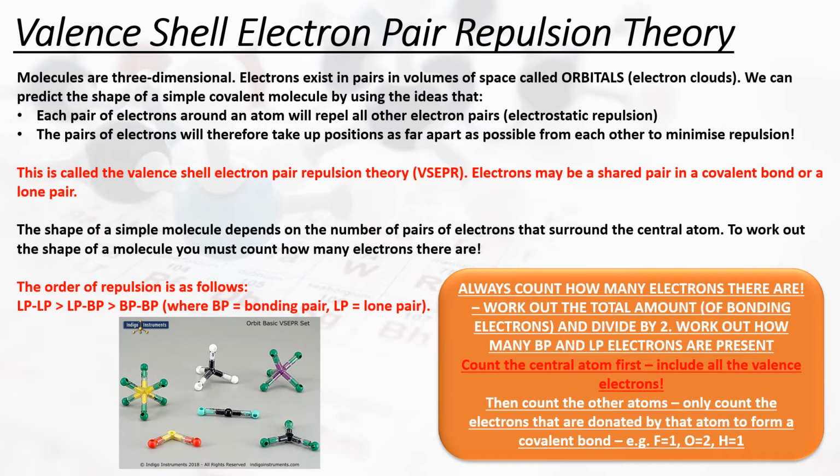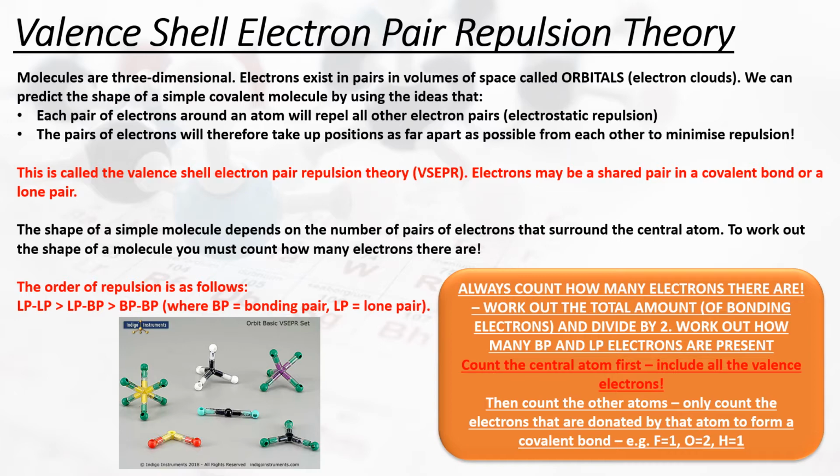So for example, if I have a carbon-hydrogen bond, I know that I've got 1 electron from my carbon and 1 electron from the hydrogen. If I have a carbon-fluorine bond, I know that I've got 1 electron from the carbon and 1 electron from the fluorine. Now, rather than counting the fluorine as having 7 electrons, I'm only going to say it has 1, because all I'm interested in is the electrons that are used in the bond.